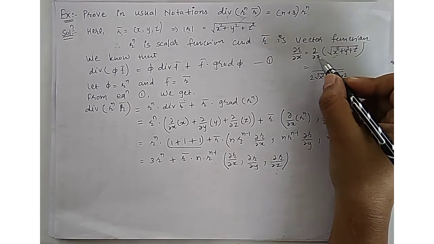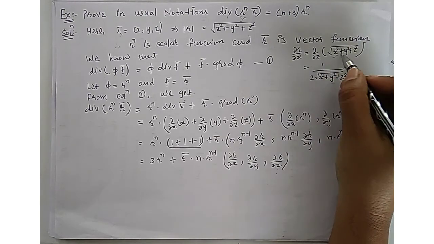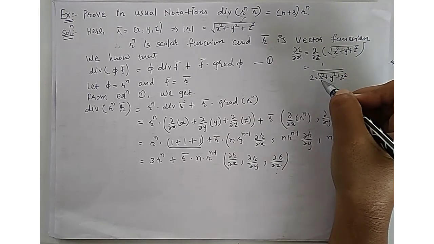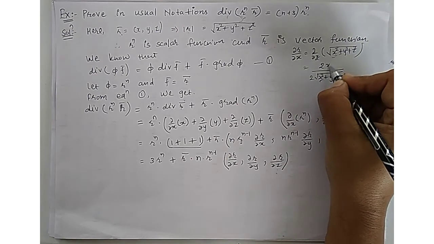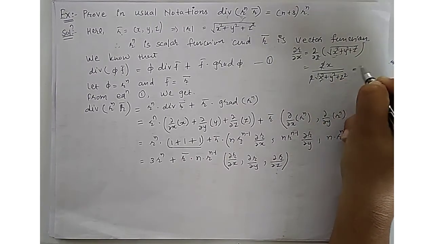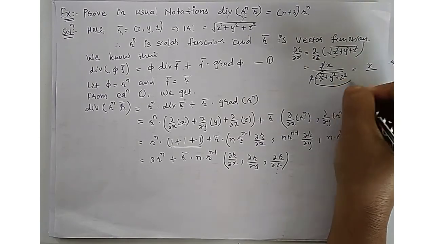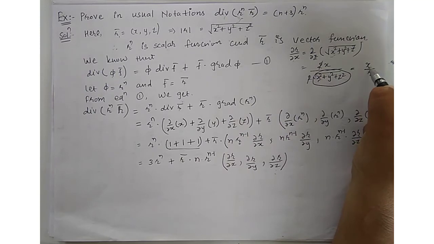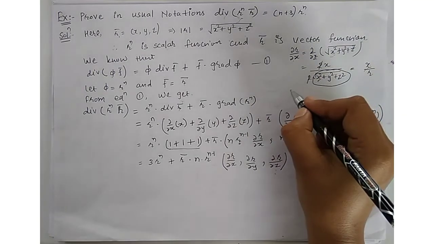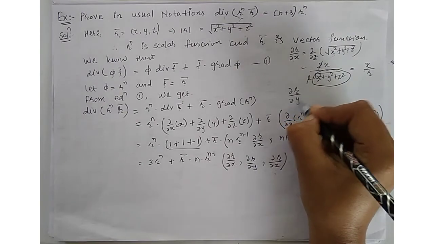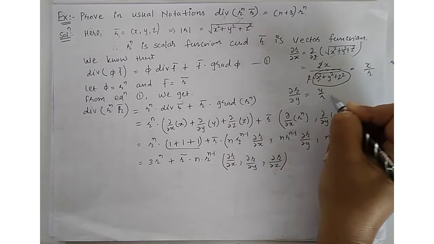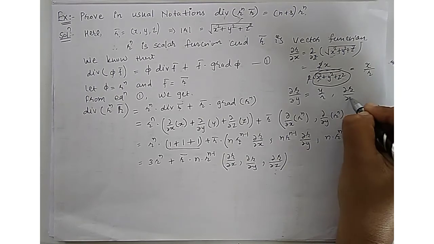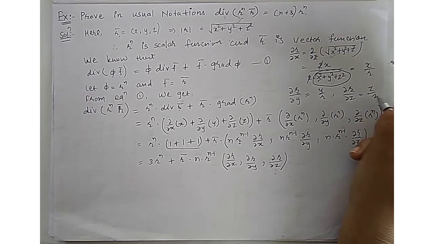But here we are differentiating with respect to x, so we also have to differentiate x square, that is 2x, right? So the 2 cancels and we get this. But what is the value of this? That is r. So del r by del x will become x by r, and similarly del r by del y becomes y by r, and del r by del z becomes z by r.